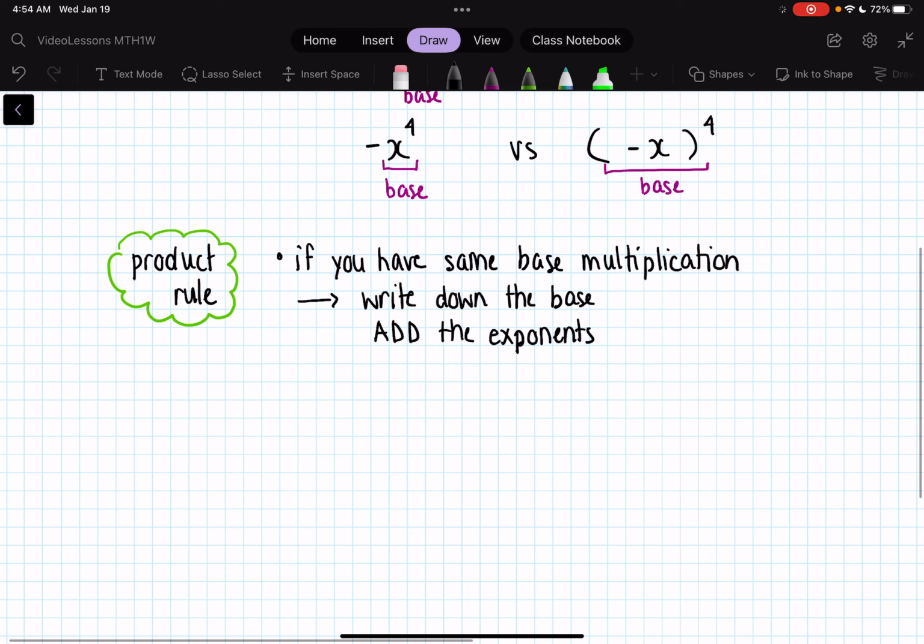To write this rule in a general form without using words, here my base is a, and I'm multiplying by another base a, and so the rule says write down the base and add the exponents, okay?